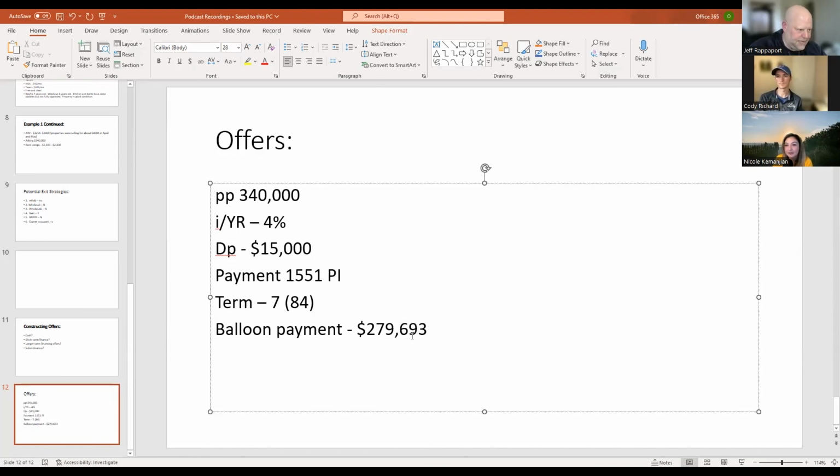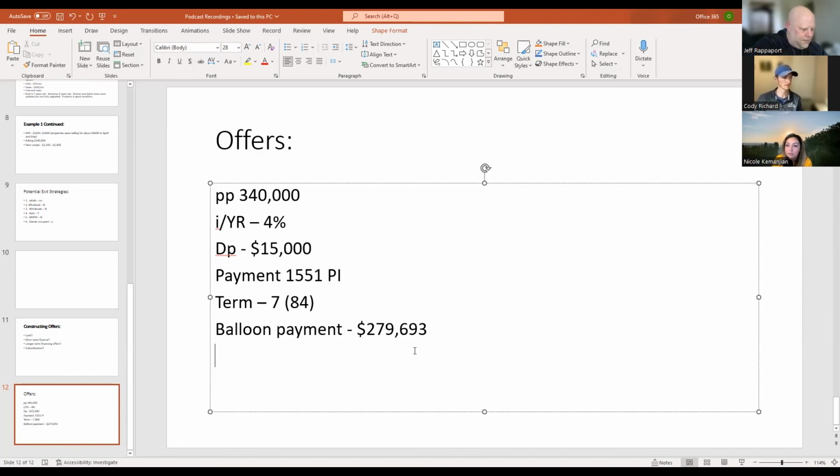So if you have 1551 payments, they're getting all of that. They put that in their pocket every single month for 84 months. That equals 130,284, plus they're going to get that full balloon payment at the end of 84 months, 279,693, plus they get that down payment up front.